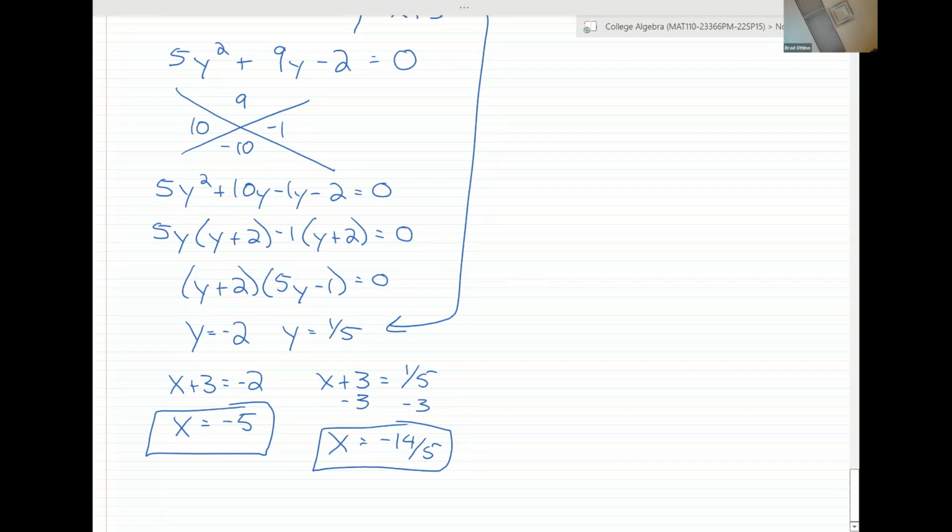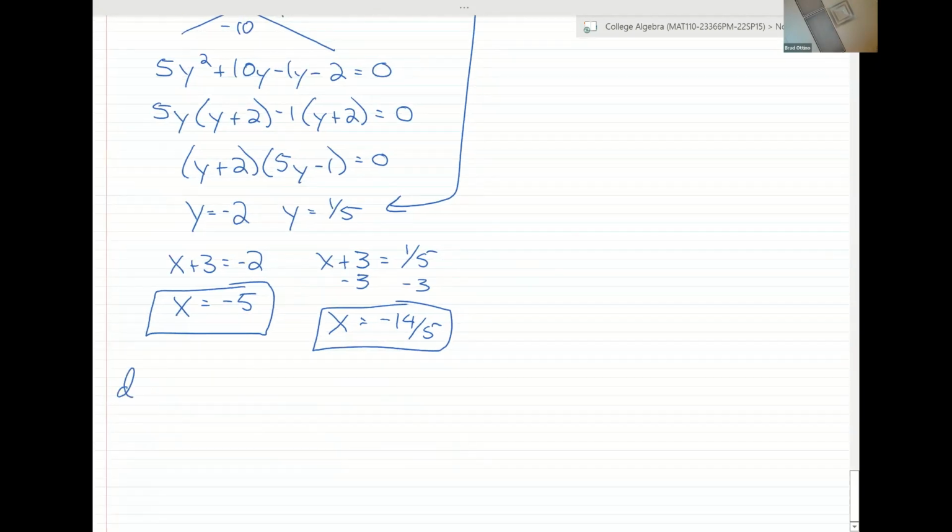One more problem for tonight. If we had 4x to the 2/3 power is equal to 3x to the 1/3 plus 1.